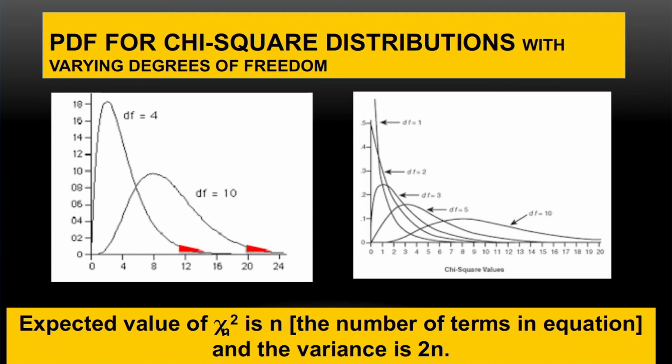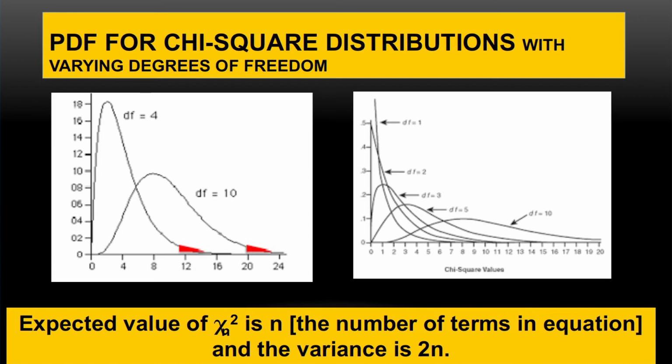Look at the first diagram. The curves with different degrees of freedom are given. The chi-square probability density function with different degrees of freedom is given in this diagram. Just look at that. For the degrees of freedom 1, that is df 1, the curve is almost like a rectangular parabola, and otherwise it is getting flatter and flatter as the degrees of freedom increase.